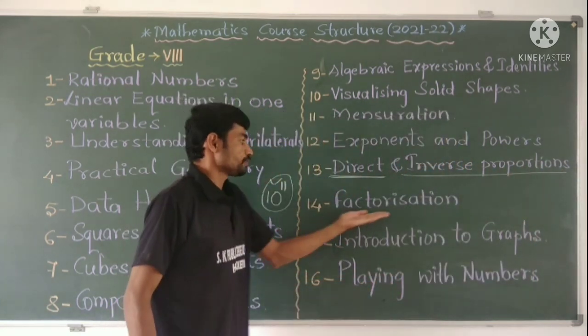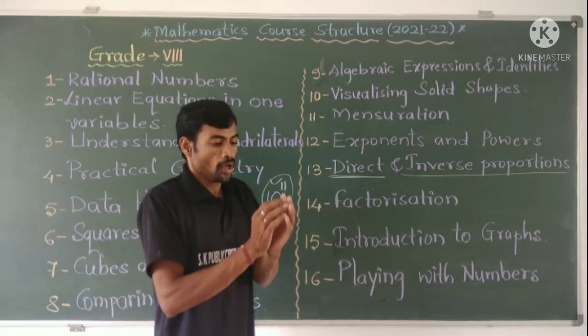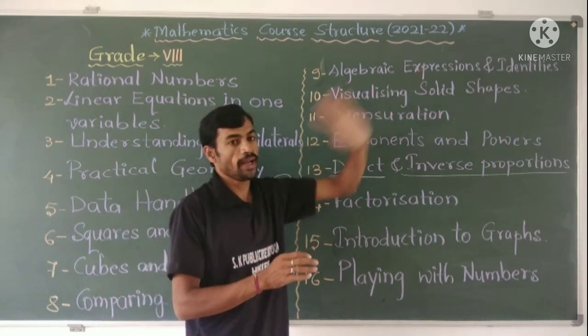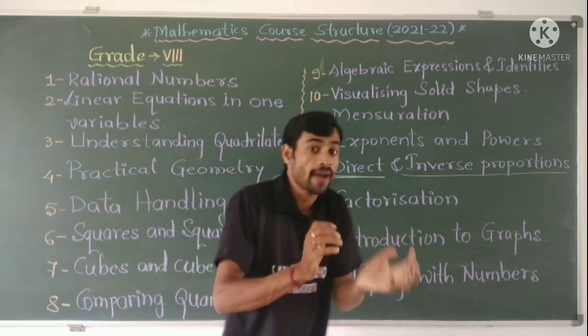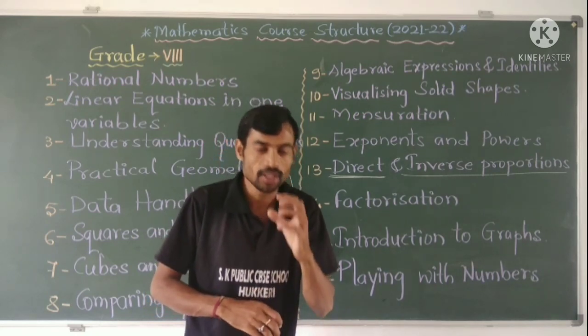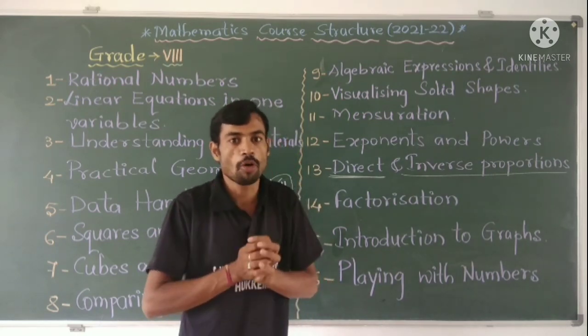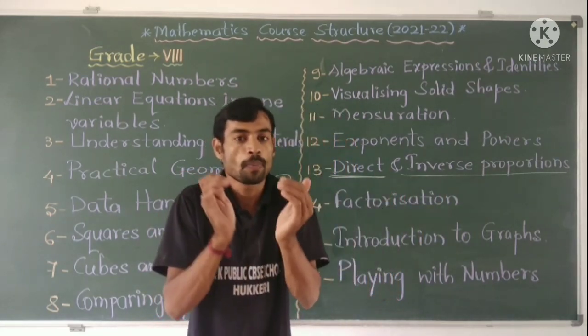And next one, factorization. Factorization means they have given one algebraic expression. That algebraic expression has some common factors. Those common factors we have to write as a product.